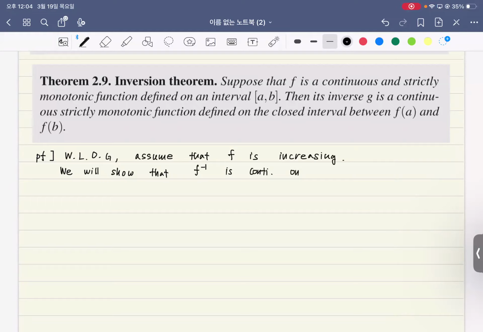In this case, we will show that f inverse is continuous on this interval. Since I need the closed interval, I'm going to show that f inverse is continuous on this interval. Okay. Choose any epsilon.